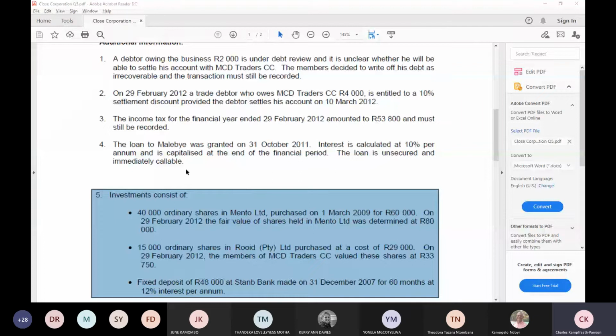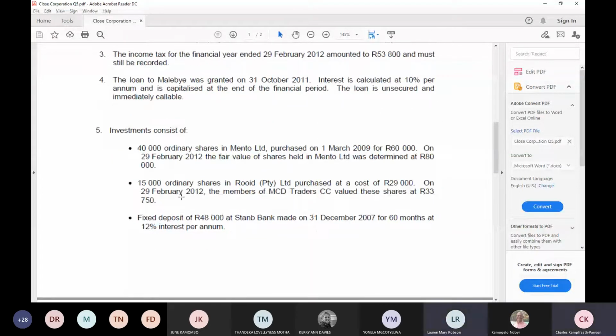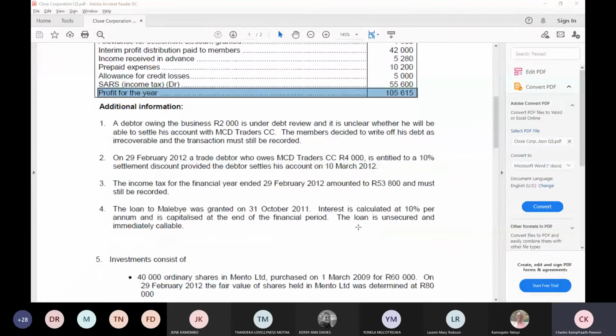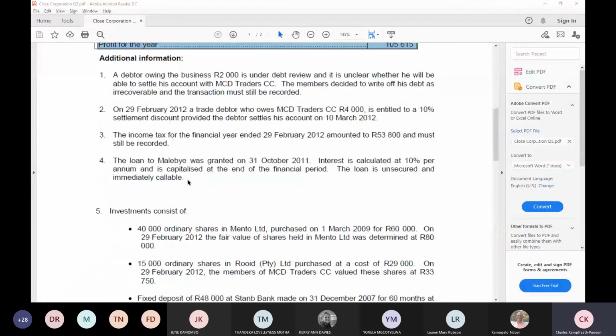Sorry, Charles. Yes. What do we do with the interest that we gained on the fixed deposit? That should go to your retained earnings. It should be included in the profit for the year. So at this stage, they do not state that it wasn't included, because they just say additional information.